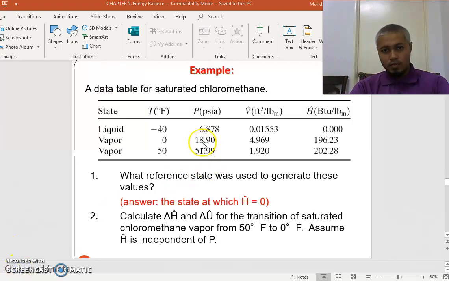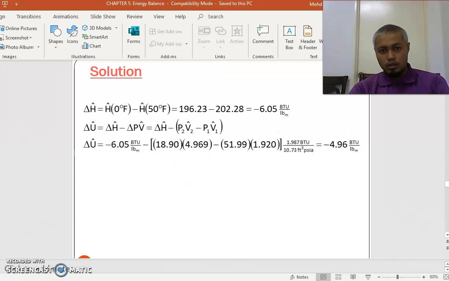The values of P and V from the table are 18.9 psi for 0 degrees Fahrenheit, and the specific volume at 0 degrees Fahrenheit is 4.969. Then we have the pressure and specific volume for 50 degrees Fahrenheit. Going back to the solution, we have 18.9 times 4.969 minus 51.99 times 1.920. Then we need to convert the unit. If you convert the unit, you will get -4.96 BTU per pound.